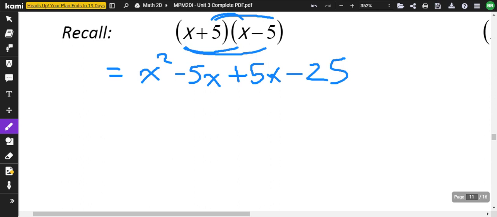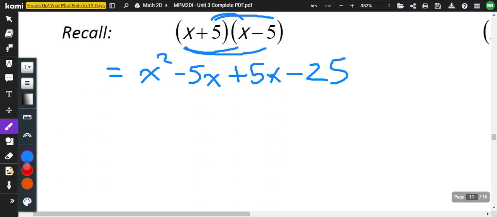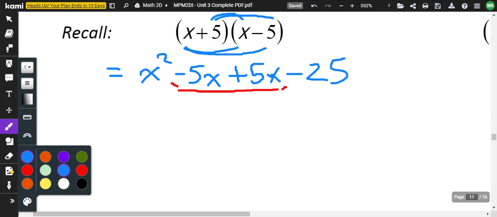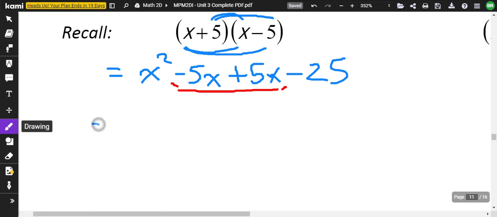And now we can notice that I have some like terms here. So we're going to group those like terms. And what we end up with is we still have an x squared and we still have a minus 25. However, minus 5x plus 5x, well, that's 0x.